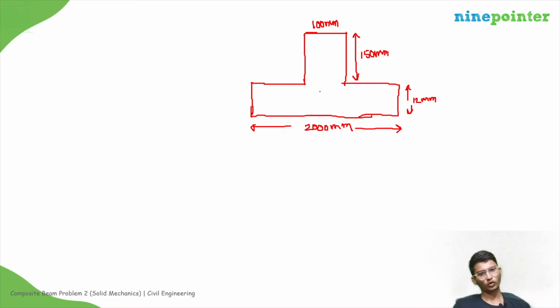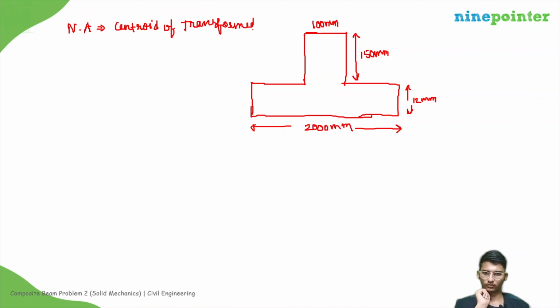Okay. So in the transformed section method, what will be the neutral axis? The neutral axis will be the centroid of the transformed section, right? So suppose the neutral axis is present over here.